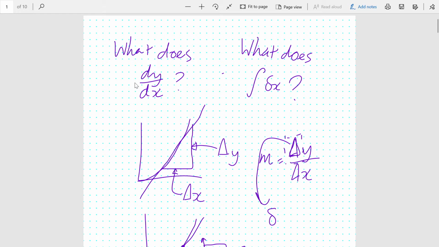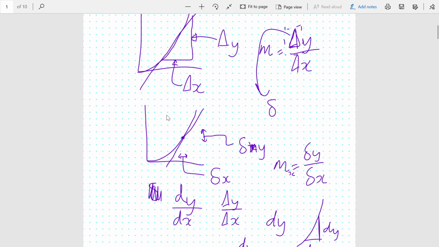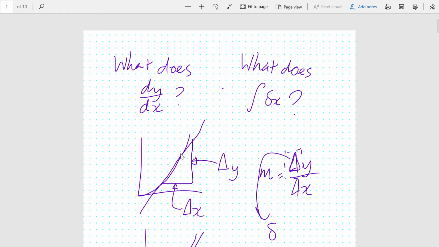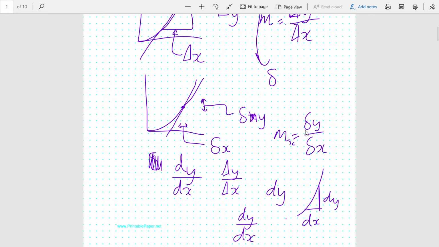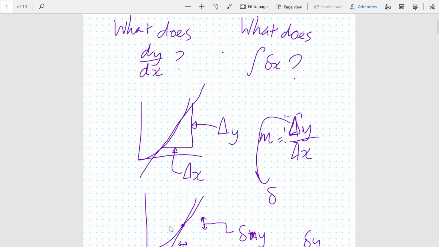So as opposed to delta y over delta x, where the changes are reasonably sized, dy over dx is when the changes are infinitely small, as you would do when you were trying to calculate the gradient of a curve, which is why if you have the rise over run being the gradient of a straight line, the infinitely small rise over the infinitely small run is going to be the gradient of a point on a curve.